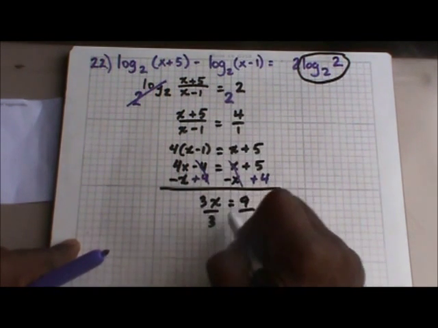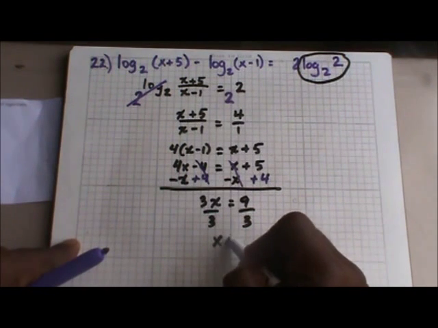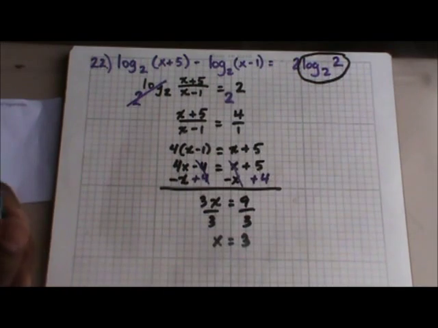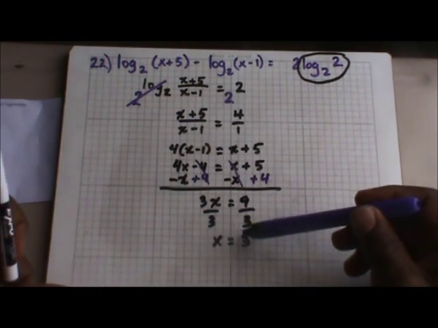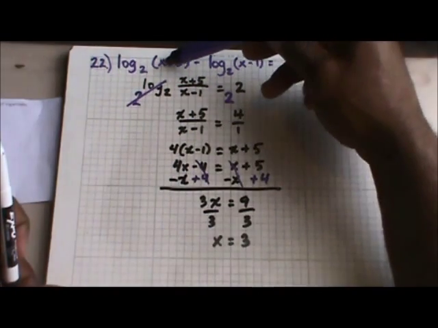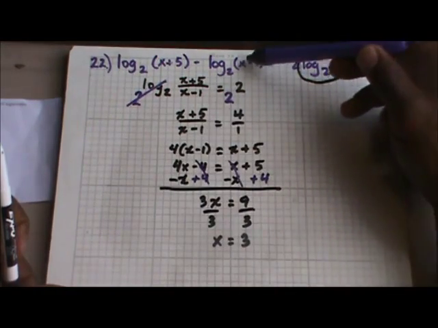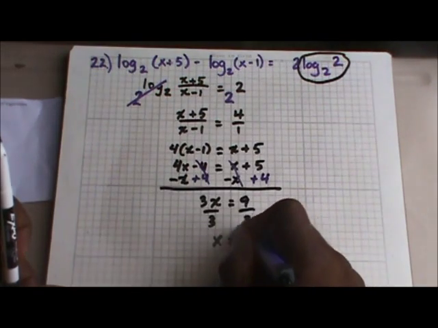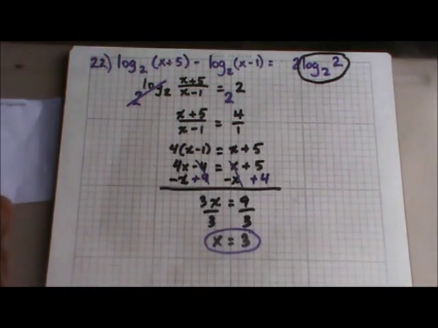Divide both sides by 3, and x is equal to 3. So we can go back and take a look and make sure we don't end up with any negatives in this portion of our log problem. We don't. If we check, our answer will be correct, but you can go back and check that.